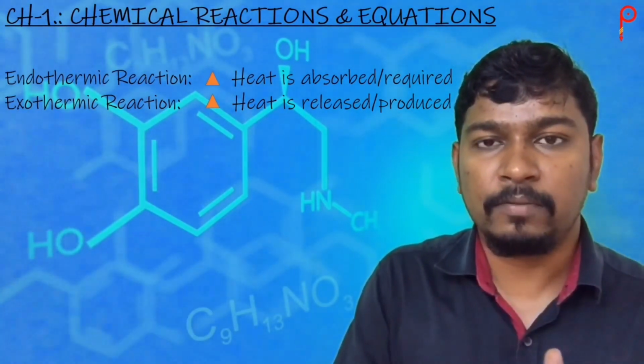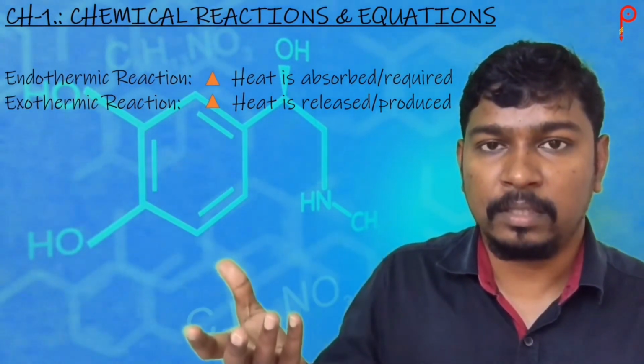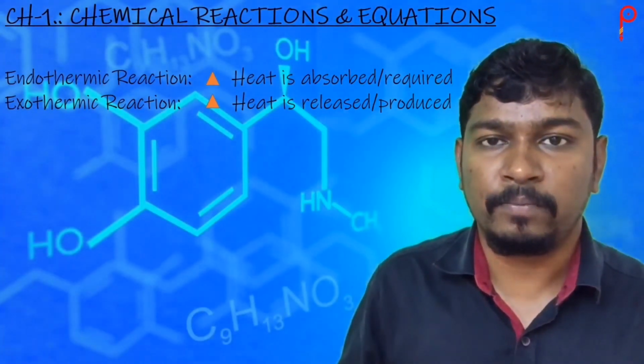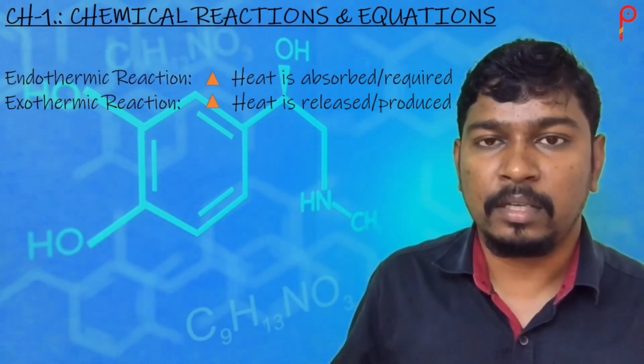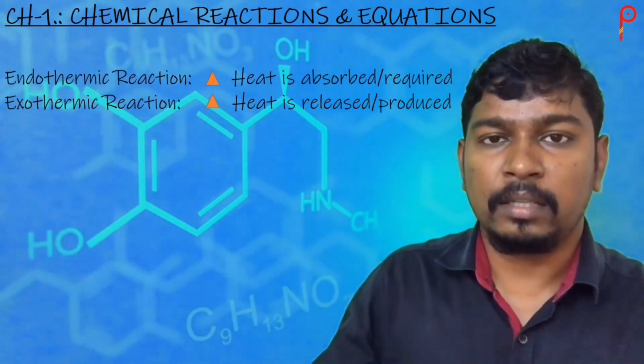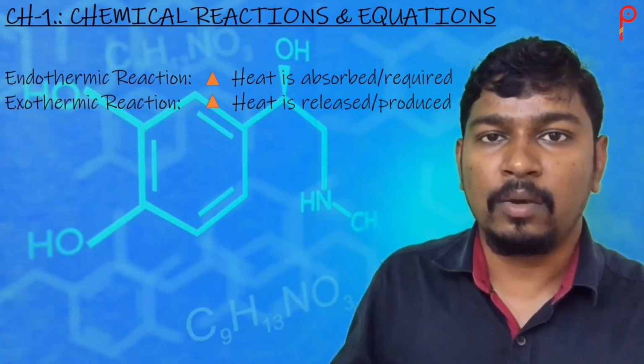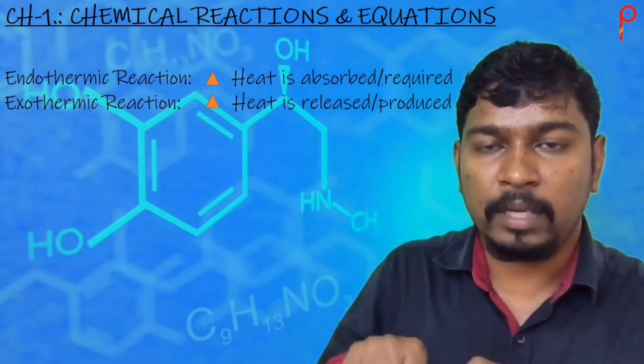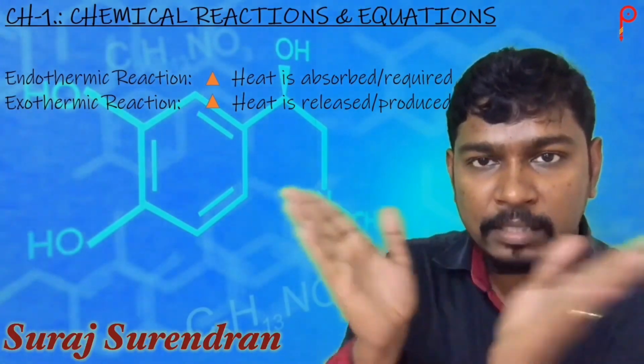In the earlier session, we studied about exothermic, that is, heat is released during a chemical reaction. In this case, heat is required, that's why it is endothermic reaction. When heat is absorbed, endothermic. When heat is released, it is exothermic.